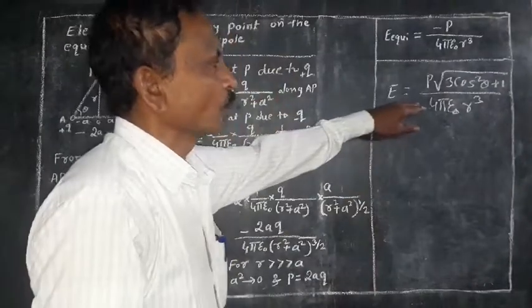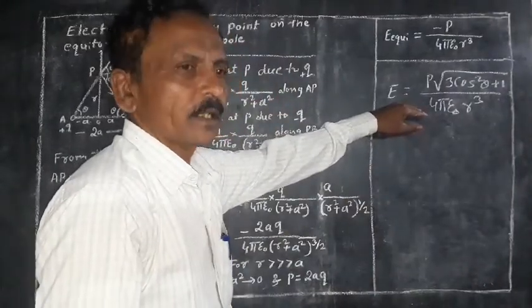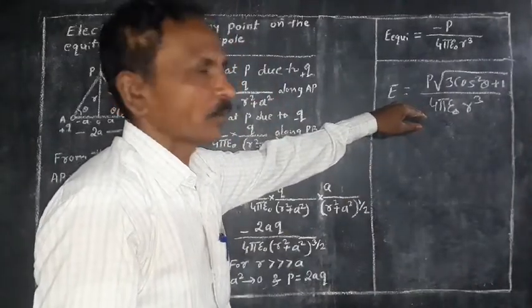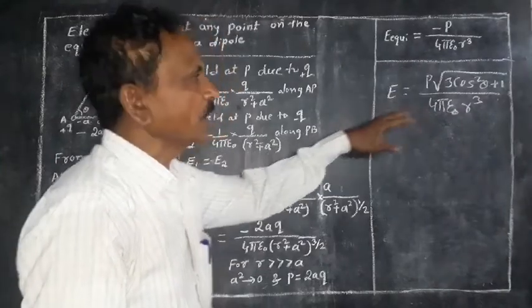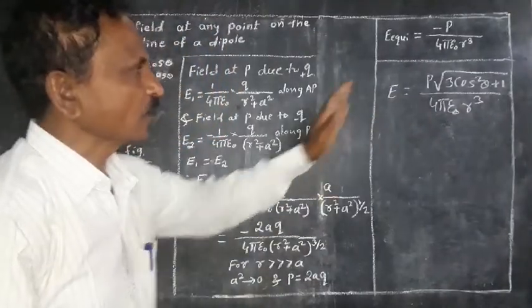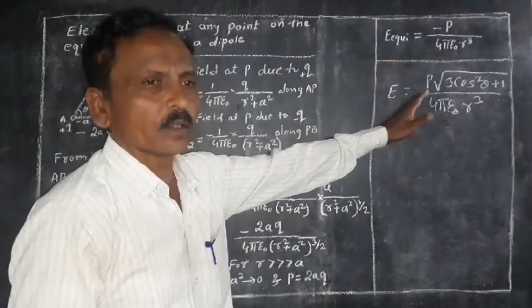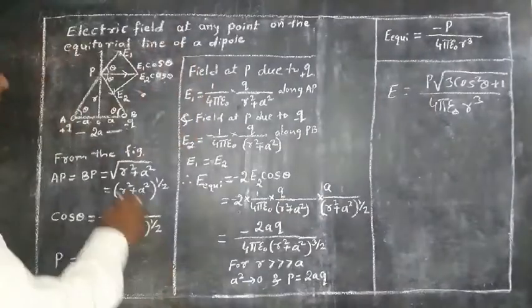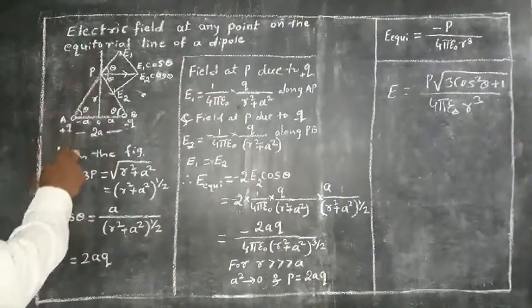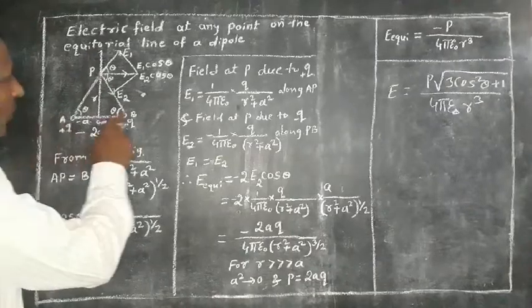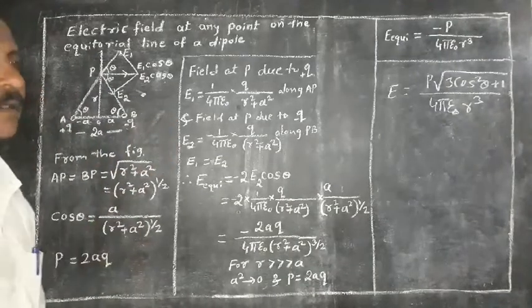This expression holds good for electric intensity due to a dipole at any point in space, and it also holds good for electric intensity at any point on the bisector or at any point on the axial line.